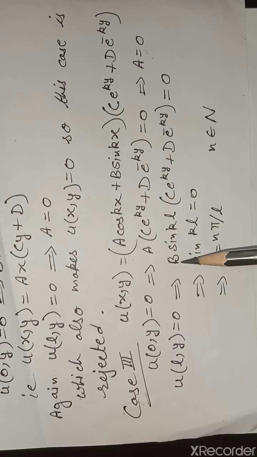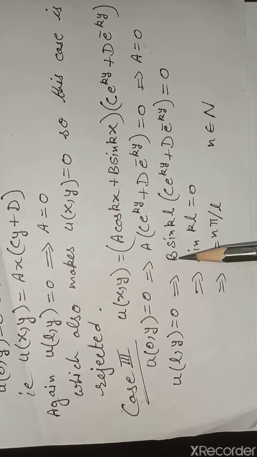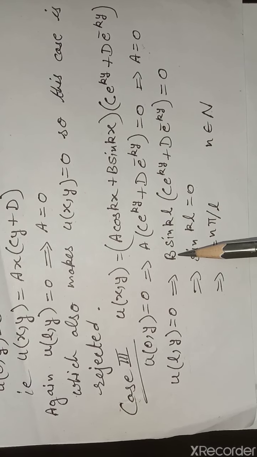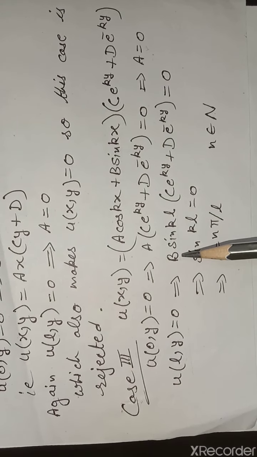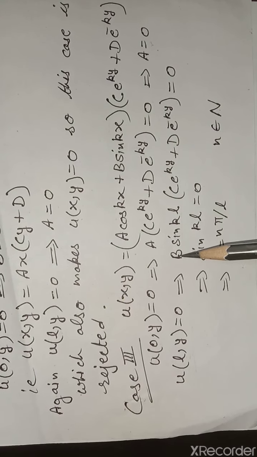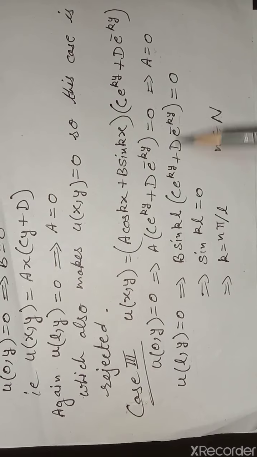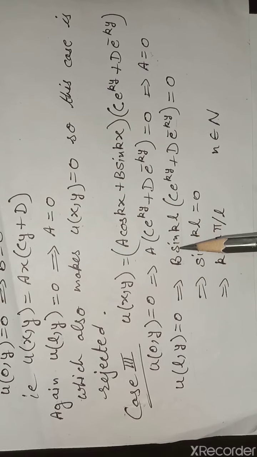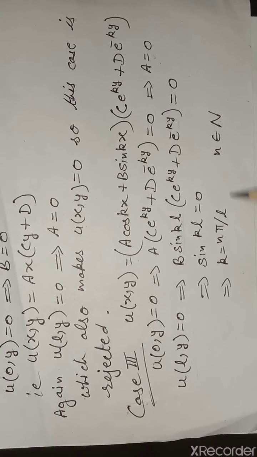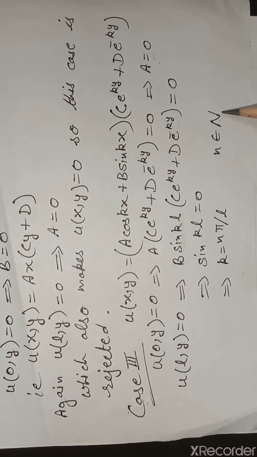Now b cannot be 0 because a is already 0. If we assume b is 0, then again the whole solution will be 0. So therefore we can't take b to be 0, and this can never be 0, so we are left with only this part. So this part is 0, means k is equal to n pi by l, where n is a natural number.